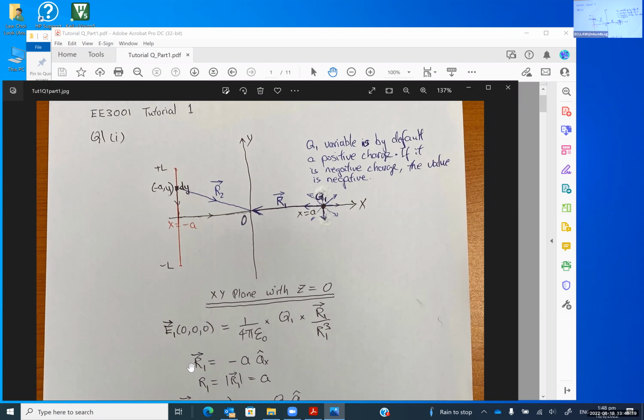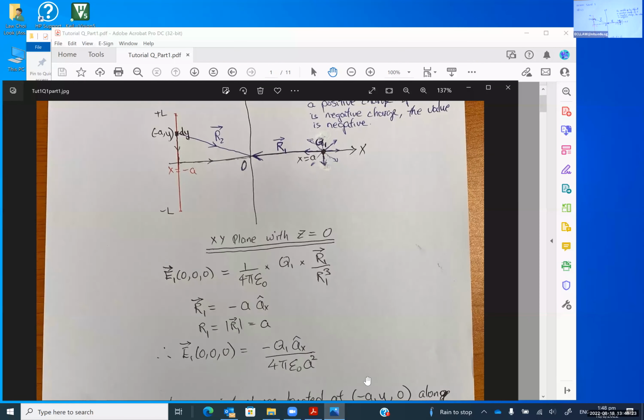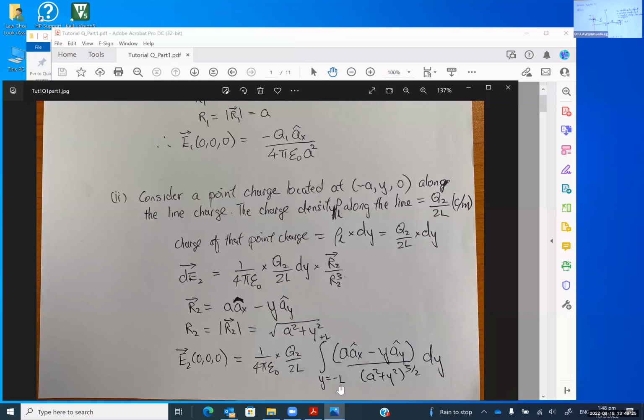By adding in this integration with respect to dy from y equal to minus L to plus L, now my electric field is the total electric field already. Is everyone okay with how that is formulated from up here, the dE? All you have to do is just integrate in the direction of y, that dy, for y equal to minus L to plus L.